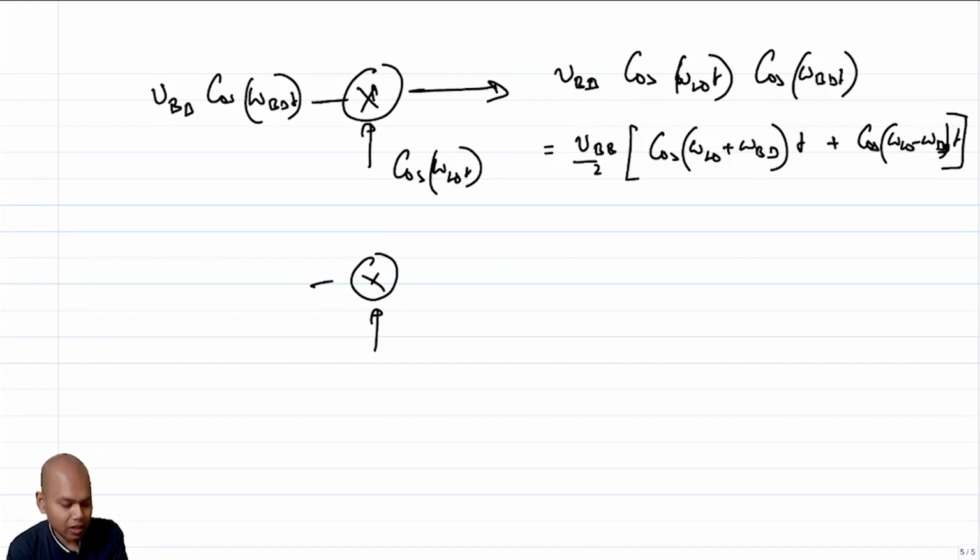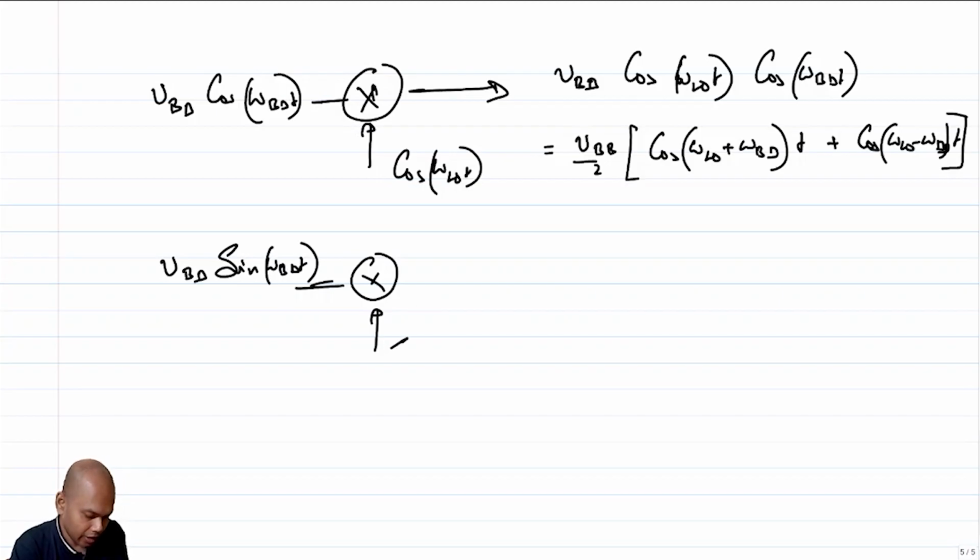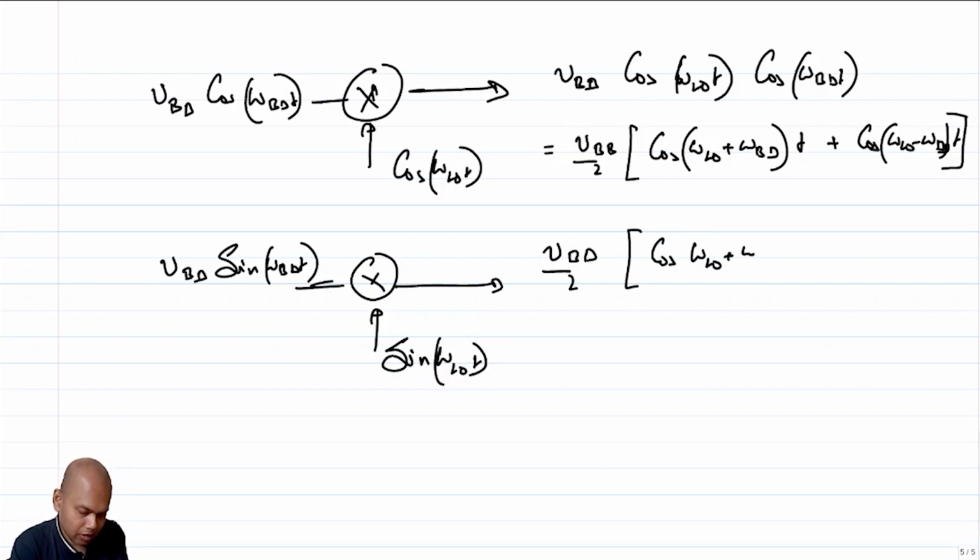So in multiplicative form, what is cosine omega LO plus omega BB minus cosine omega LO minus omega BB? It is basically sine A sine B, right? Sine omega LO sine omega BB. Correct? So essentially what we need is V_BB sine omega BB t, and here I shall multiply with sine omega LO t. Correct? So here I get V_BB over 2 times cosine of omega LO minus omega BB t minus cosine of omega LO plus omega BB t.